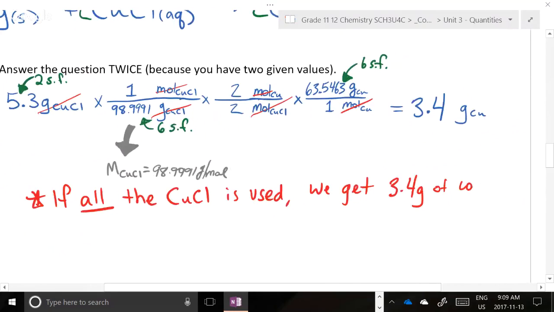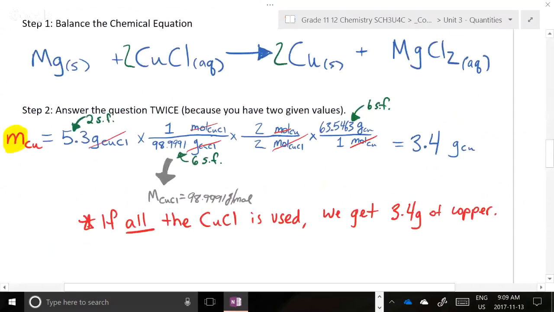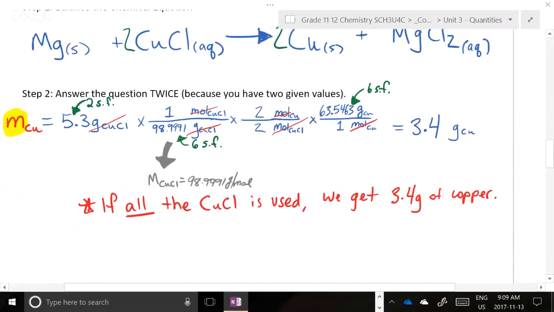But what assumption does this rest on? We have enough. Very good. So this assumes that we have all the magnesium we need. So what am I going to do next? You could do this a bunch of different ways, but my suggestion is this.